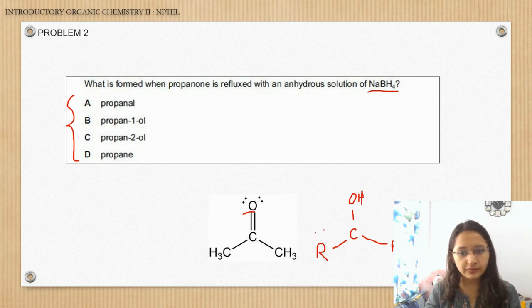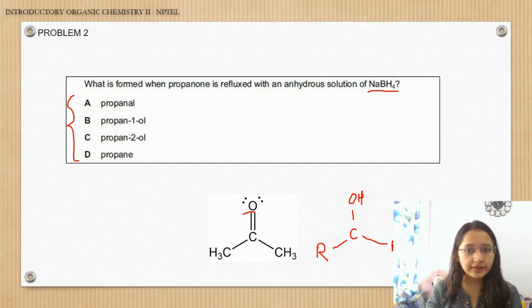I'm just writing it as R. So two methyls are here. So this species is getting formed when this propanone is getting reduced, right? So we have to answer according to IUPAC. First of all, which species is getting formed? This is one, this is two, this is third carbon, right?